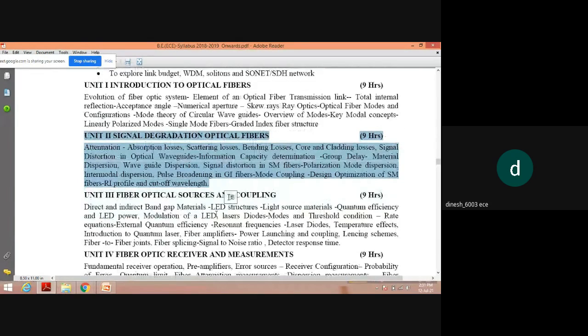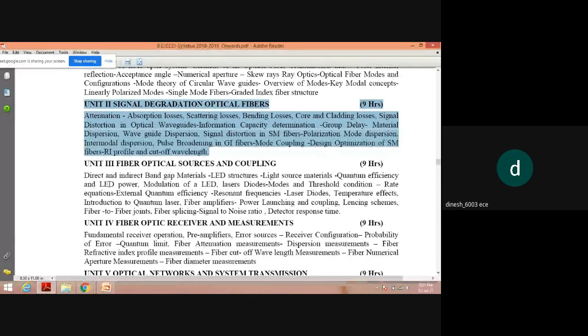In unit 3, we are going to see the sources. What are the different types of optical sources available, how they are working, what are the different types like LED and lasers, how they work, in what mode does the LED operate, in what mode does the laser operate.